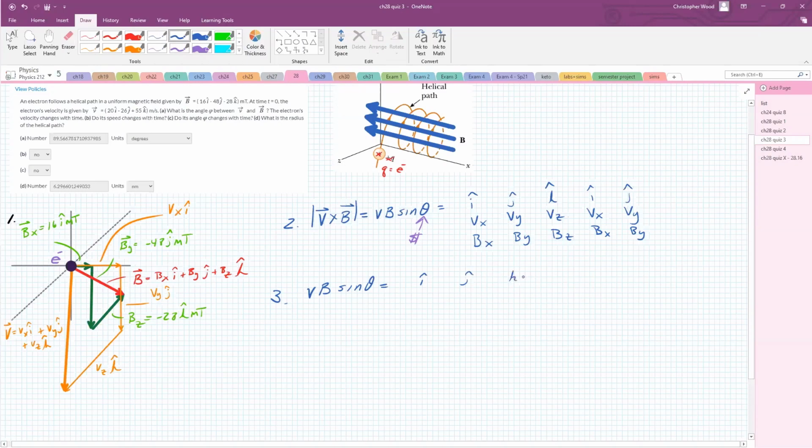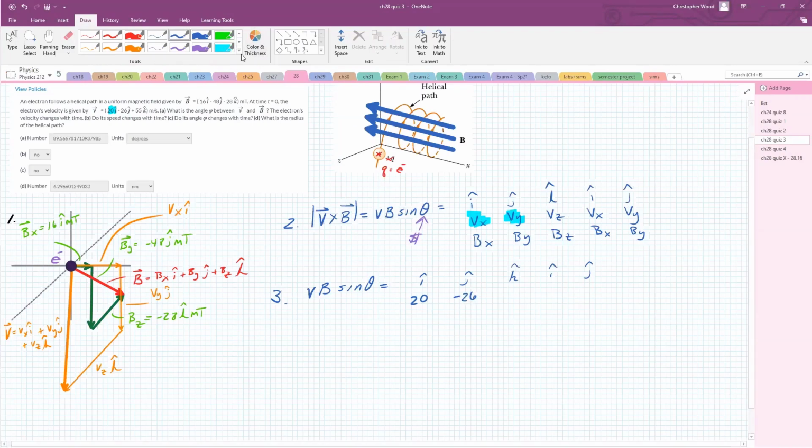i, j, k, i, j. And then Vx, according to my numbers, Vx is 20. I'm just assuming meters per second. So I'm done with Vx. Vy is next. Vy is negative 26.